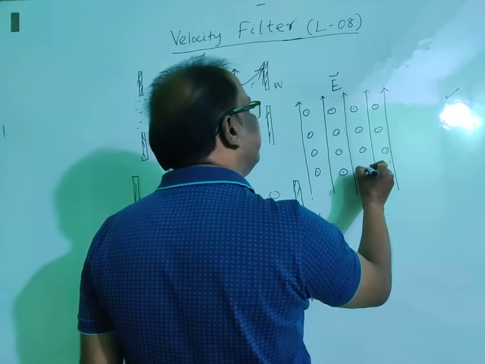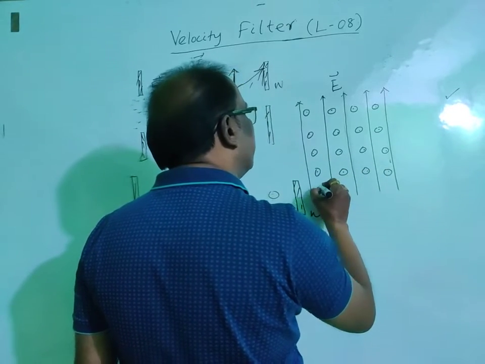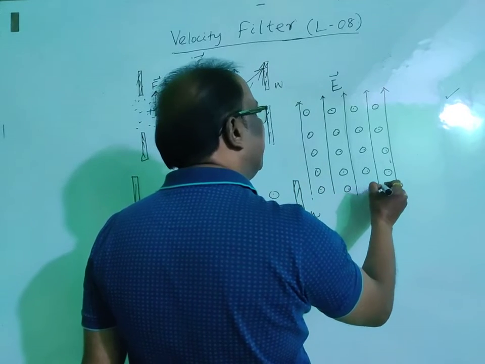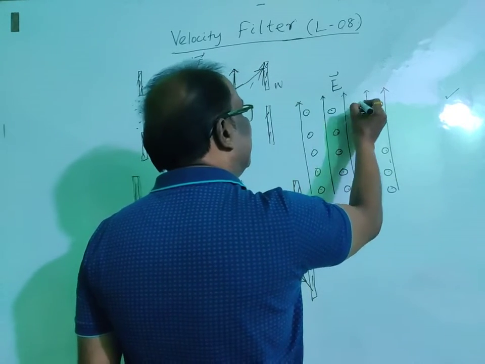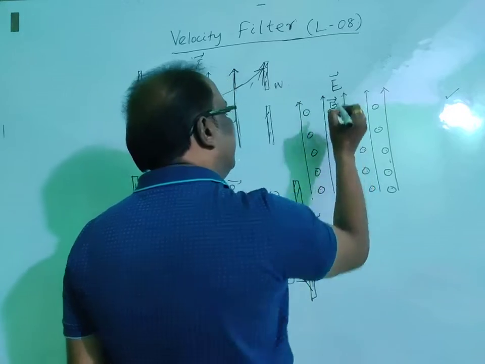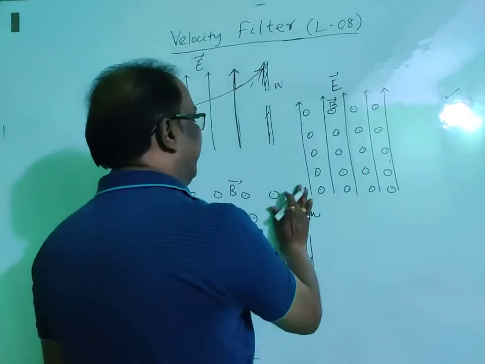As we have discussed, you may take the inward direction also. The uniform magnetic field is B and the electric field is E.